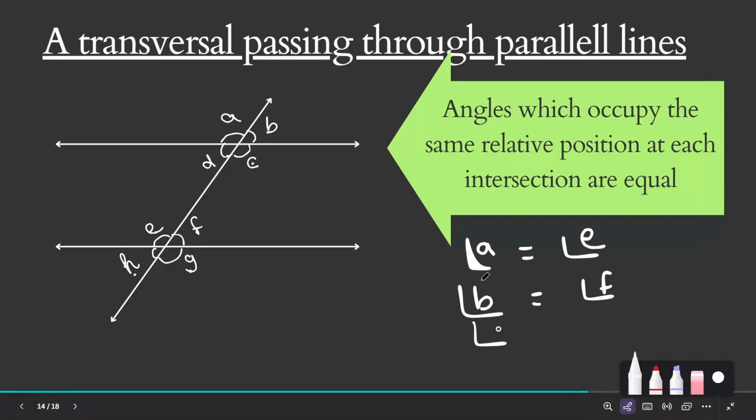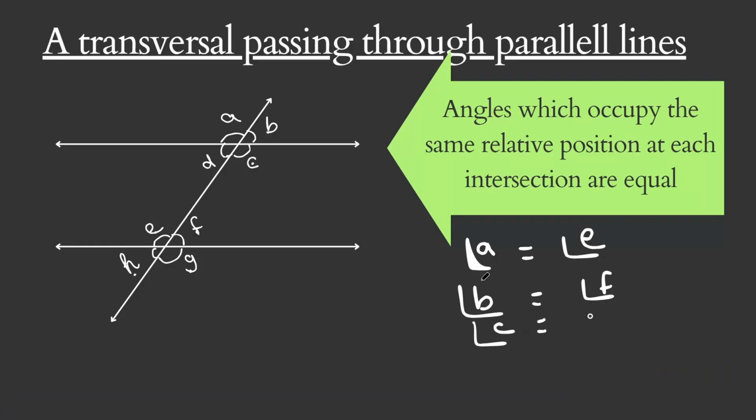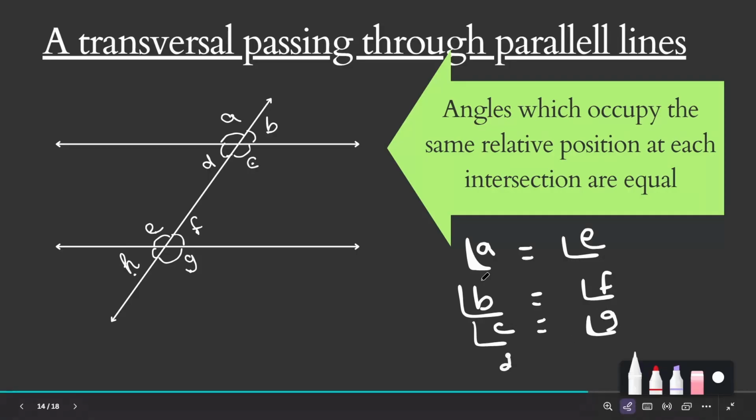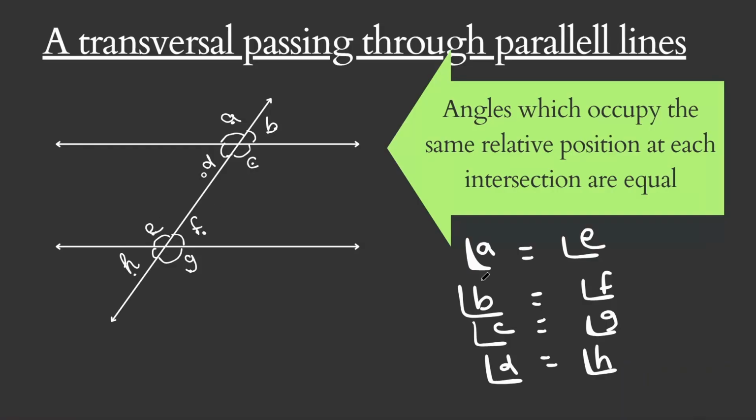So angles which occupy the same relative positions at each intersection are equal.